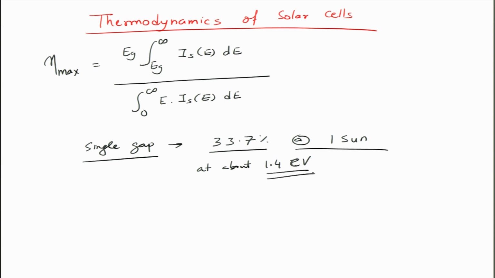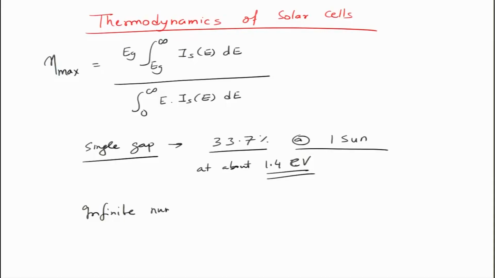However, if you have an infinite number of gaps, which means you are able to use an infinite number of materials with infinite gaps, which means you are able to absorb every wavelength that comes across, because a single gap is going to have a limit, it is not going to be able to absorb anything below the band gap. So, there is going to be a cutoff wavelength.